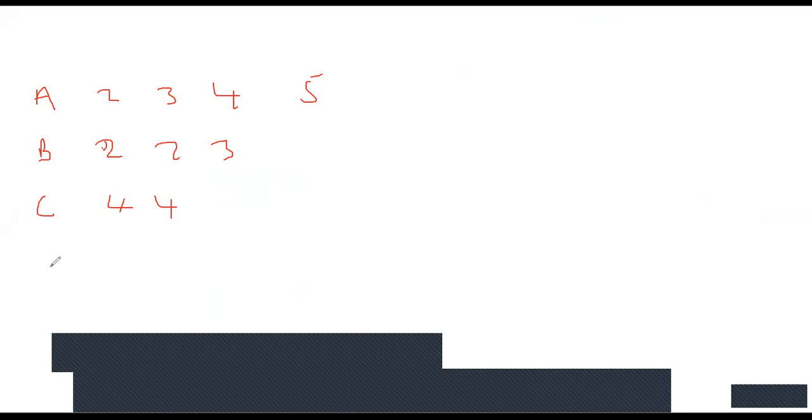We're also told that our sum of square between is 40. Our sum of square within is 36.